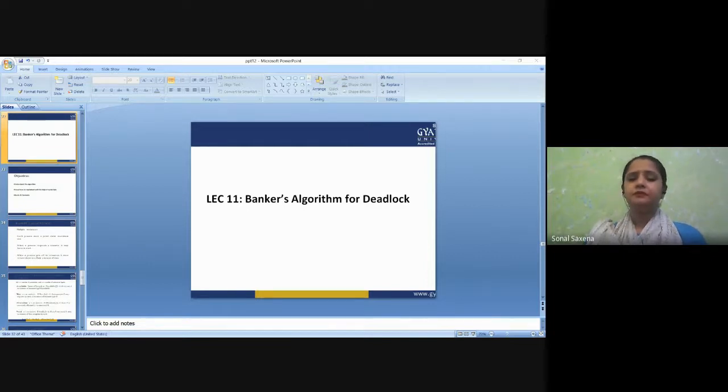prevention. So the condition of deadlock that we have seen in the last lecture was an issue, and a problem that can be generated when two different processes are in a race of grabbing a resource to get executed.